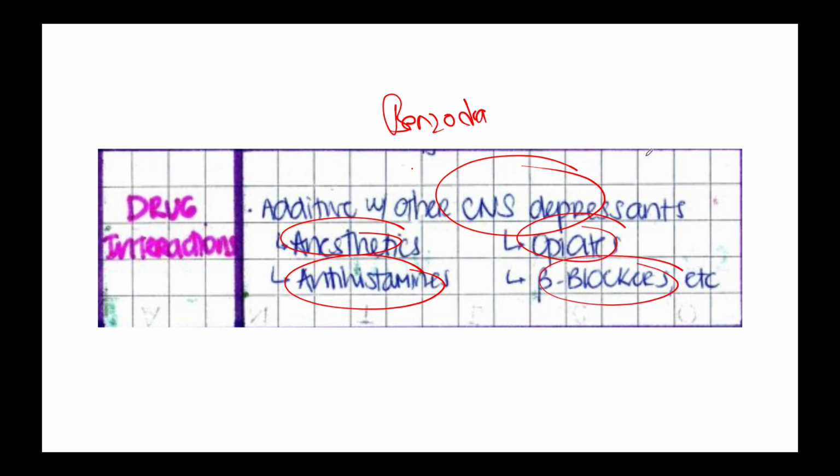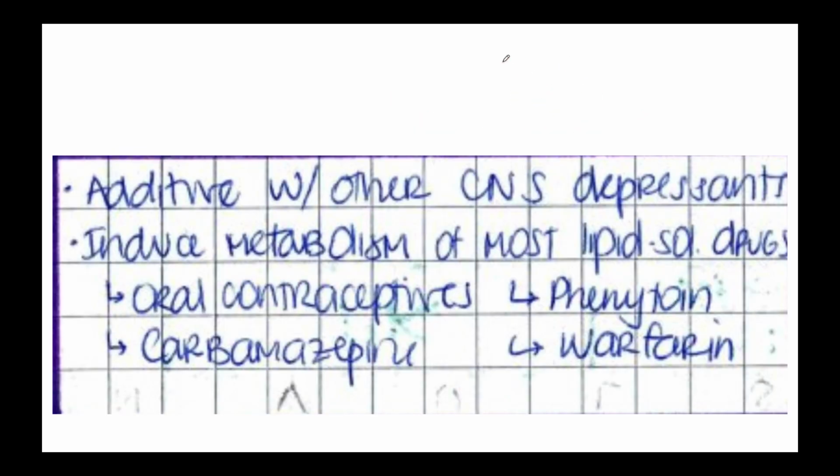Now what are the drug interactions? Always remember, benzodiazepines always have an additive action with the other CNS depressants, like anesthetics, antihistamines, opiates, beta blockers. They're all CNS depressants, and benzodiazepines have an additive effect with these important drugs is what you need to remember.